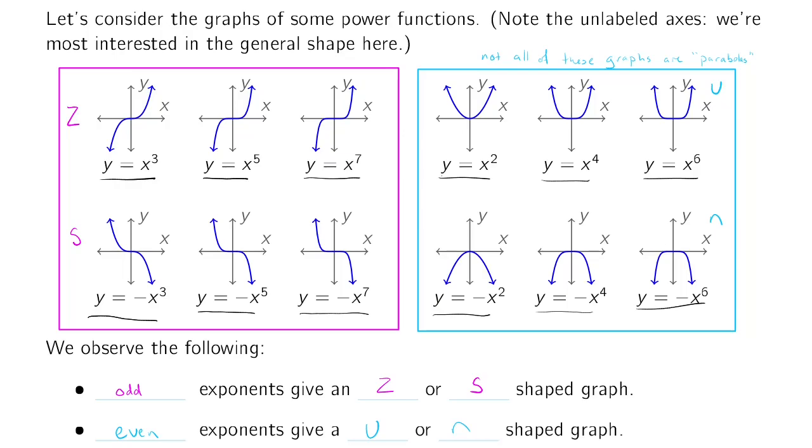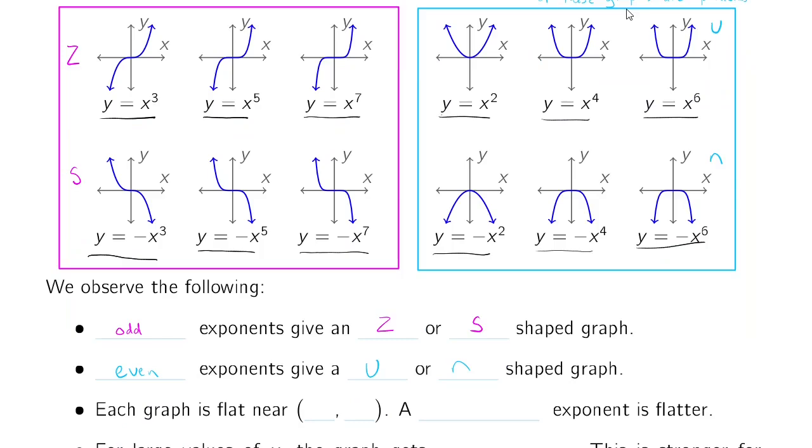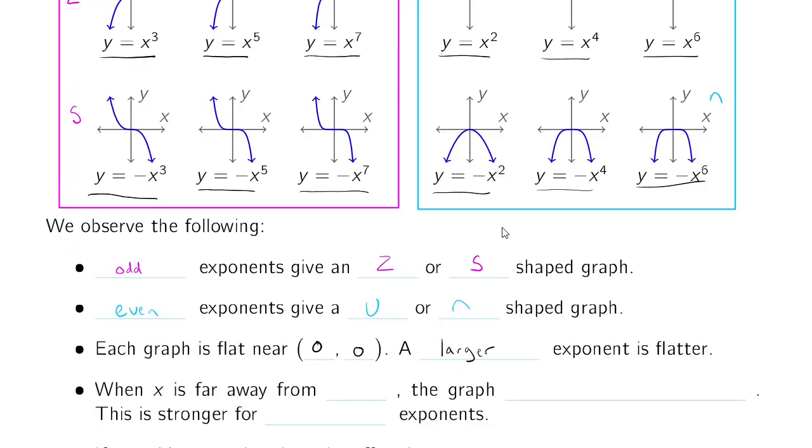And the key difference to notice between the different powers is that while each graph is flat near 0, 0, the larger the exponent, the flatter the graph becomes. On the other hand, for x values that are far away from 0, the graph is either increasing or decreasing really quickly.